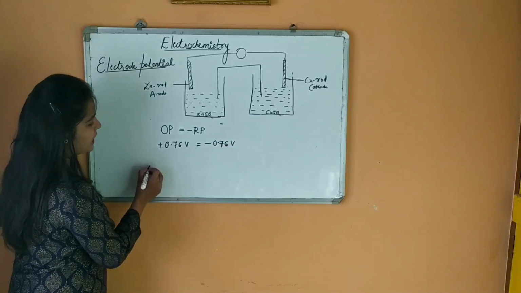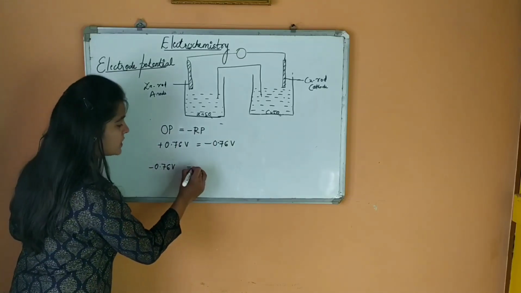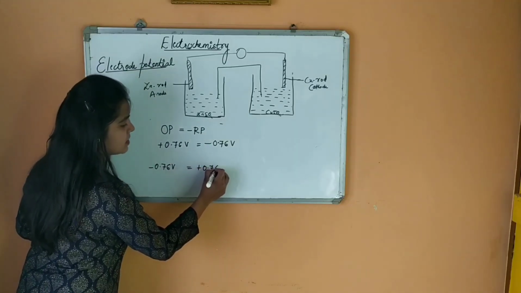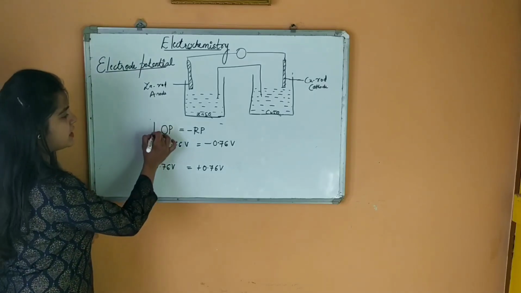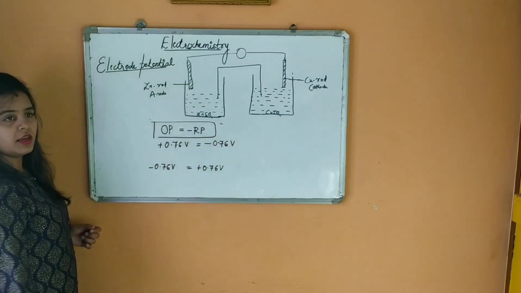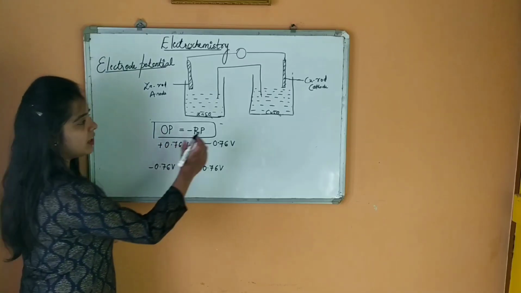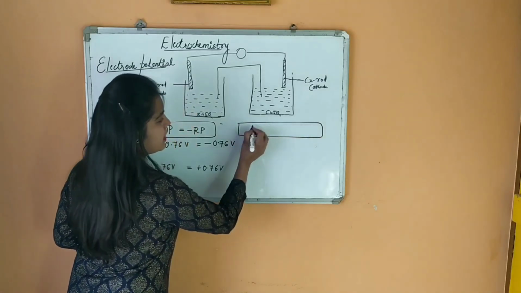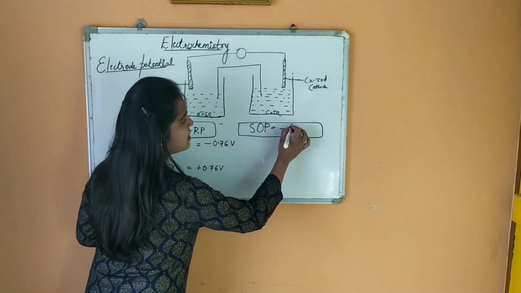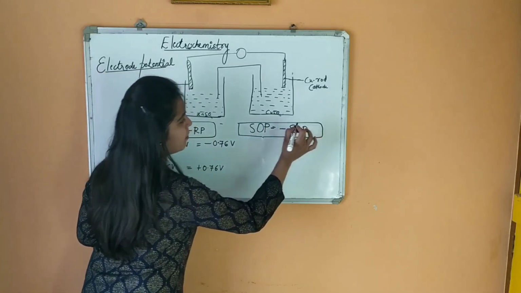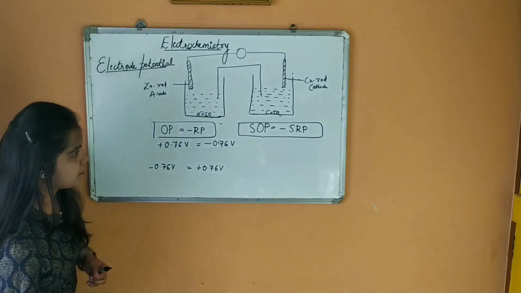If the reduction potential is minus 0.76 volts, then its oxidation potential can be written as plus 0.76 volts. So this is the relationship. If you are taking standard oxidation potential and standard reduction potential, then standard oxidation potential is equal to minus of standard reduction potential. Is it clear? Okay.